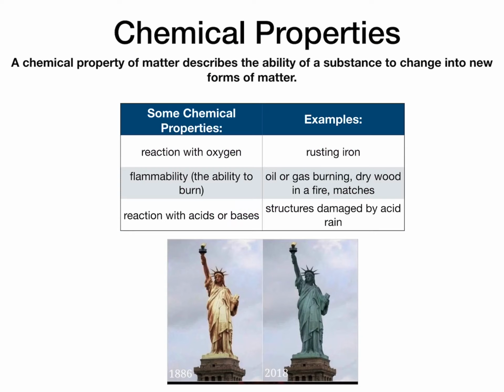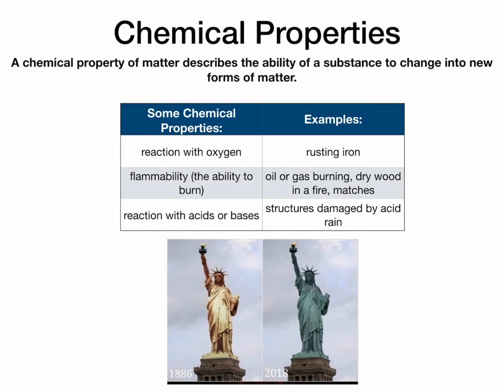Chemical properties, on the other hand, describe the ability of a substance to change into a new form of matter. Some examples would be things that react with oxygen, like iron or metal rusting.